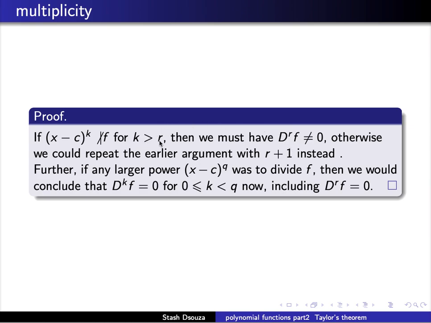If any index k greater than or equal to r is such that x minus c to the power k does not divide f, then we must have the rth derivative at least of f is non-zero. For otherwise, if the rth derivative of f was 0, we could then conclude that x minus c to the power r plus 1 also divided f.